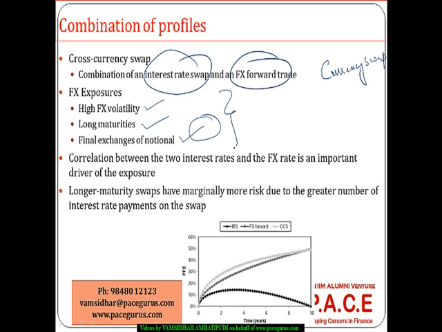So in your currency swap, one, depending on the maturities, two, depending on the volatility, and three, depending on the exchange of the notional, these are all subject to forex-related risk. Along with the interest rate swap exposure, I am looking at the forex forward exposure, and I am combining the two even with the correlation between them.